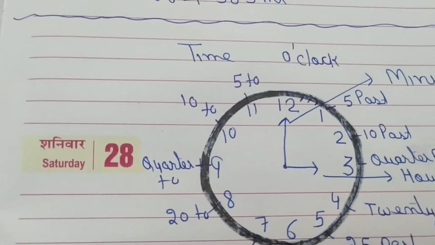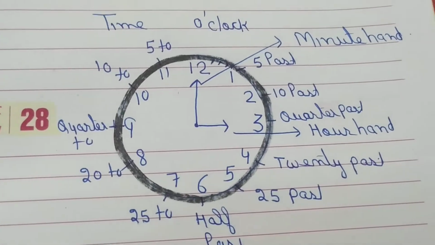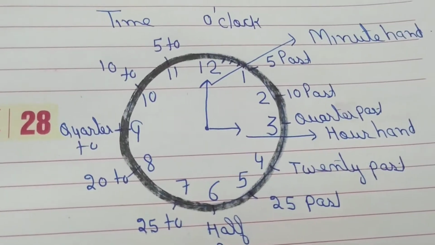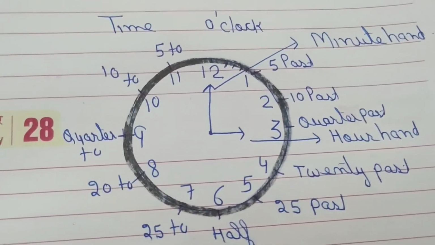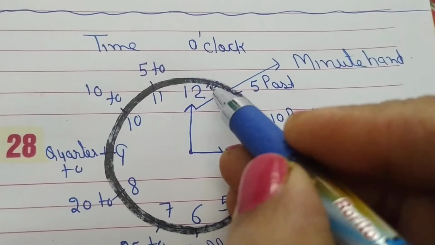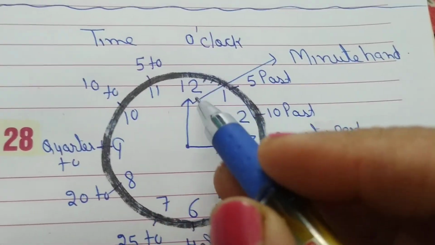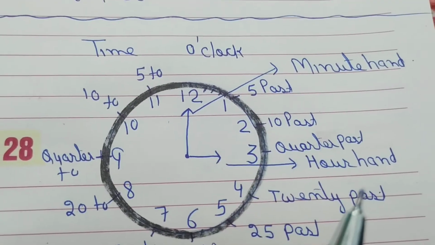Students, we know that there are 24 hours in a day. So the clock covers 2 rounds of this. It starts from 12 and takes 2 rounds to cover 24 hours.